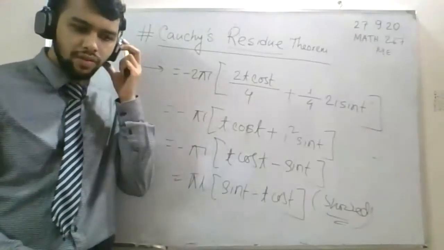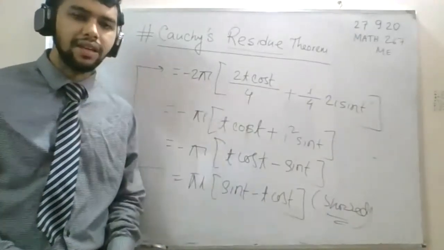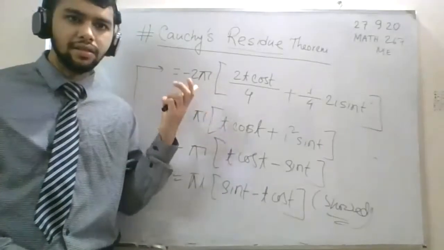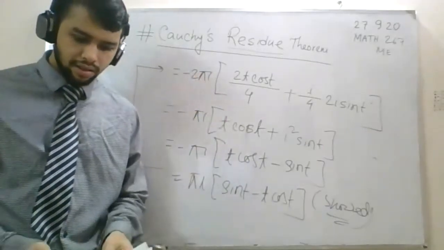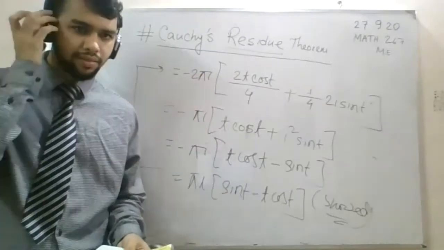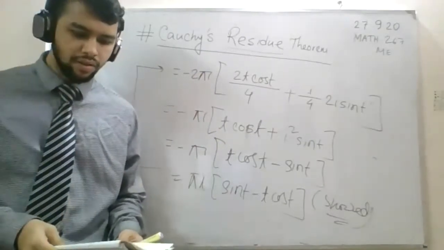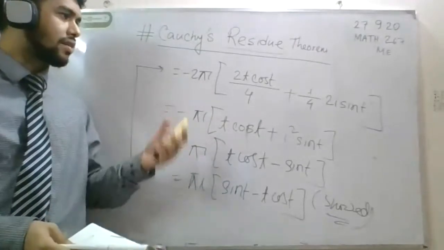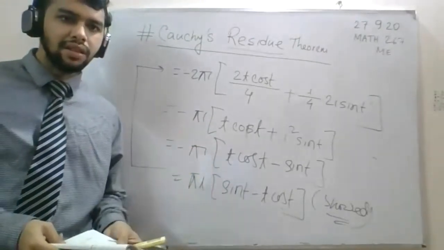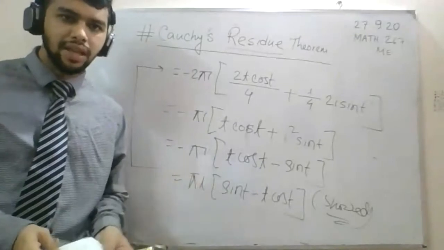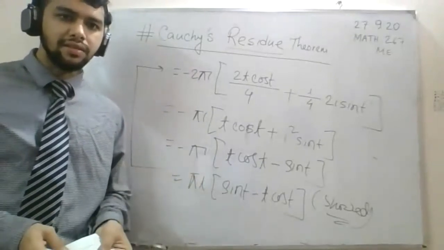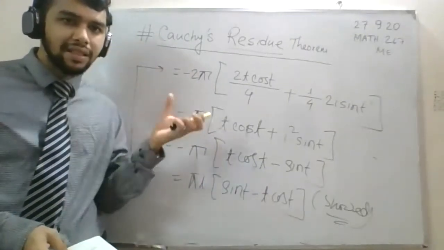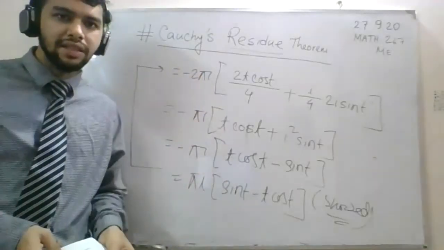So what we have done: if I say show that this function equals this, where C is the circle, and I give the condition that the modulus of this equals something, and also t greater than 0, you can solve these things by using the Cauchy residues theorem.